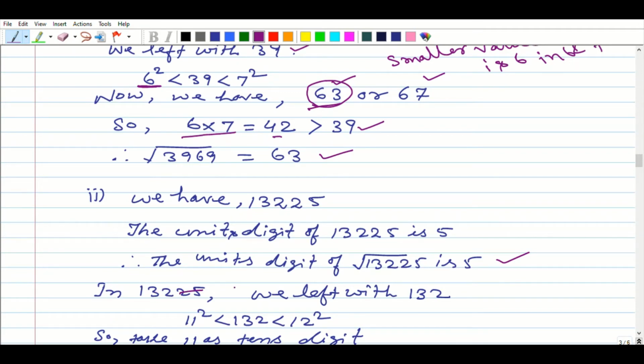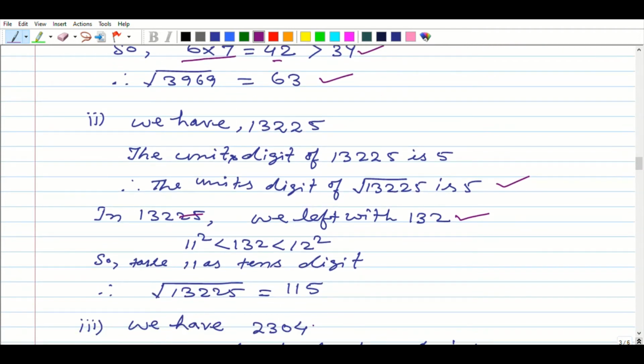We are left with 132. And 132 lies between 11 square and 12 square. 11 is smaller than 12, so we will take 11 as the tens digit, right? So the square root of 13,225 equals 115. It is the ones and tens method.